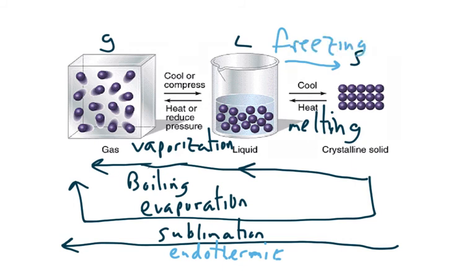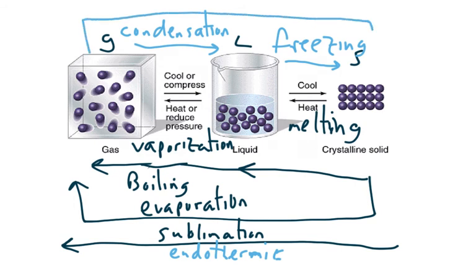And then we have from a gas, we mentioned this earlier, condensation is going from a gas to a liquid. Heat is given off, and it starts to liquefy. And we also learned that you can go directly from a gas to a solid, which is called deposition.